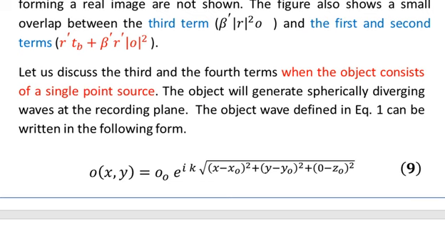When the object consists of a single point source, the object will generate spherically diverging wavefronts at the recording plane. The object wave defined in equation 1 can be written in the following form.